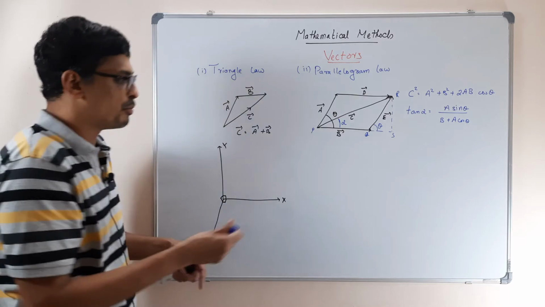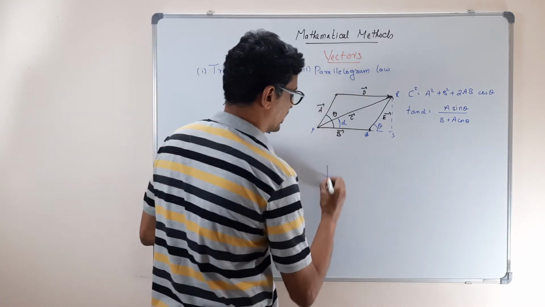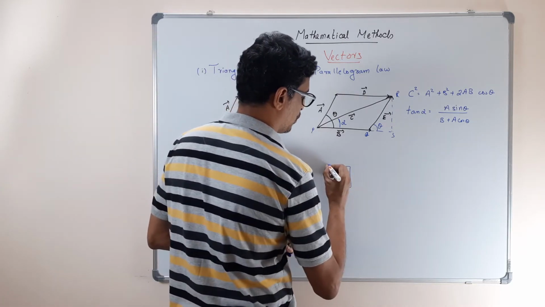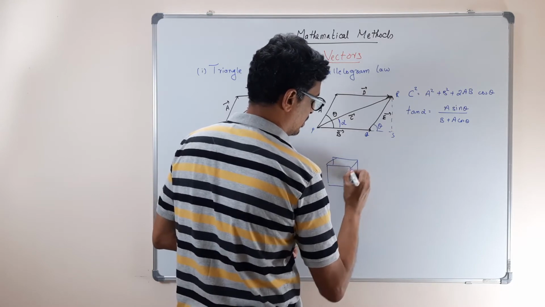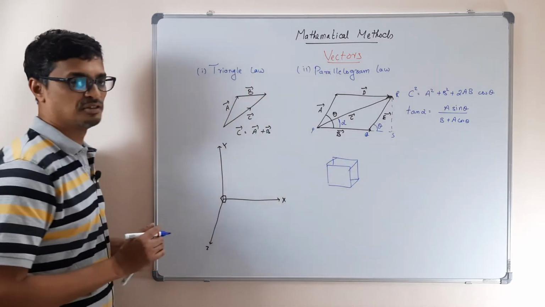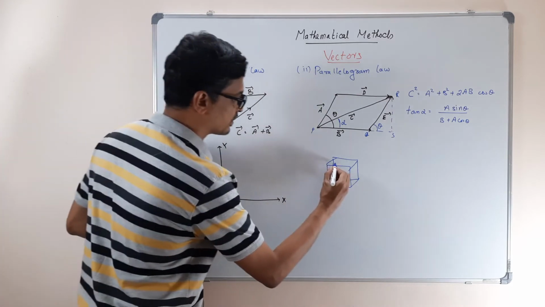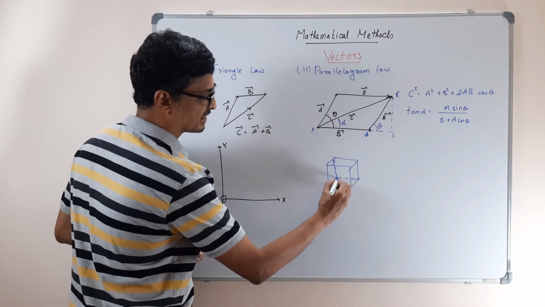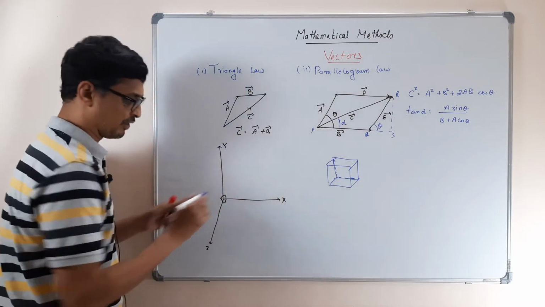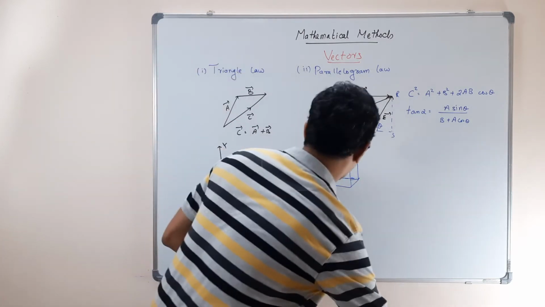How do we draw a box? We draw a cubic box like this. That is how I have drawn the axes.